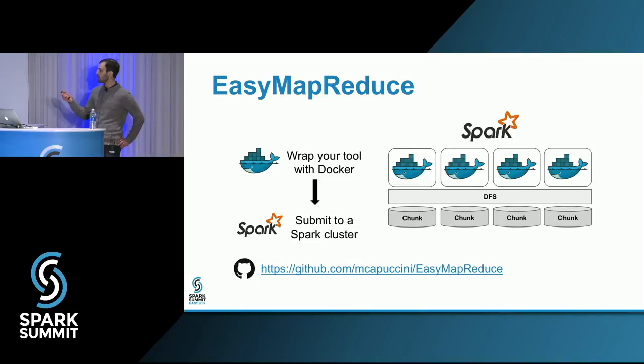And you let the Spark cluster orchestrate your containers in order to do the computation. And in this way, you're going to get locality-aware scheduling and fault tolerance on top of one of the distributed file systems that are supported by Spark. So pretty handy, in my opinion. And it's open source, and you're very welcome to test and contribute.